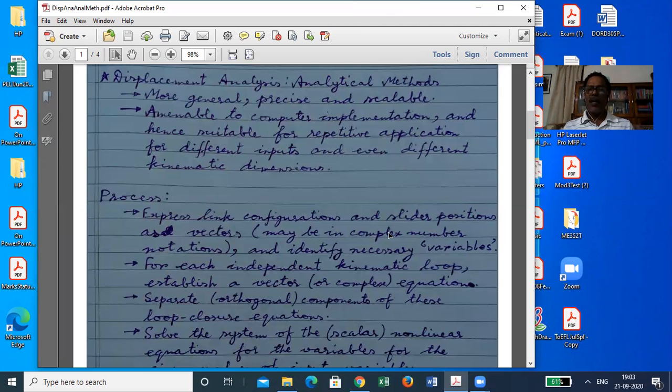Temperamentally, I am more friendly with vector notations, with geometric vectors, but don't mind doing it with complex numbers. The temperamental factor of doing it more happily with geometric vectors is perhaps basically from my early research career, in which I was operating with spatial mechanisms where you cannot use complex numbers as you can in planar mechanisms.